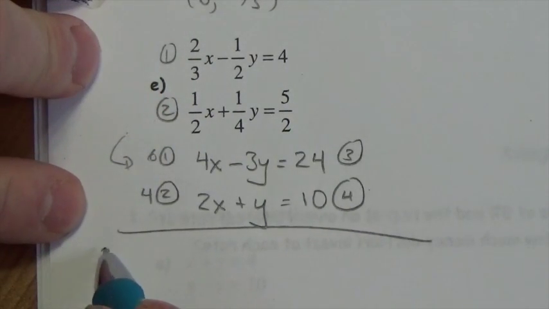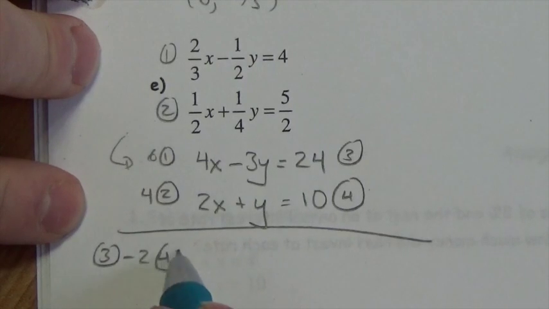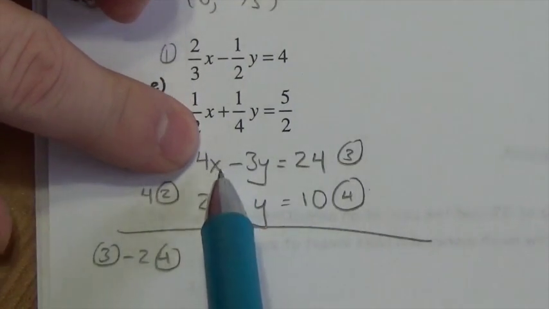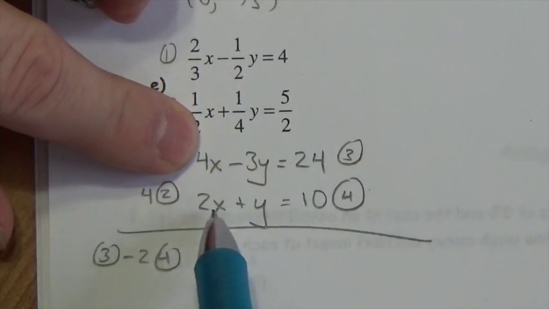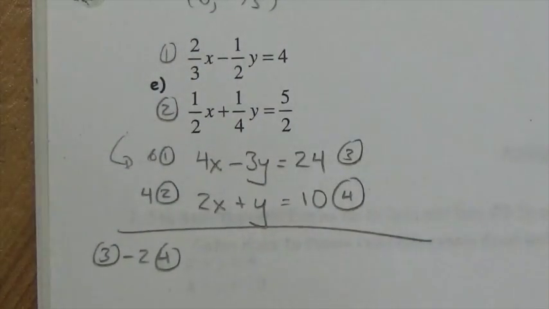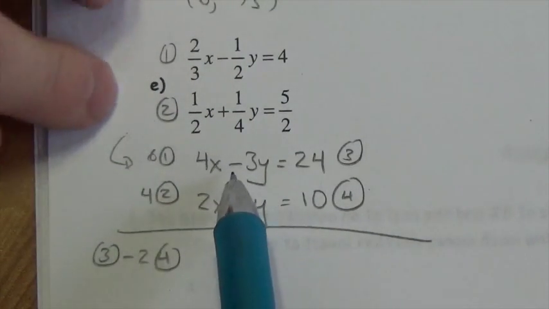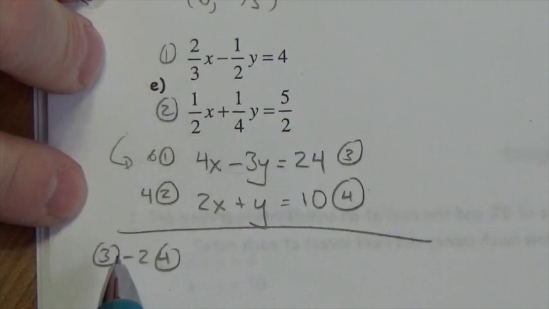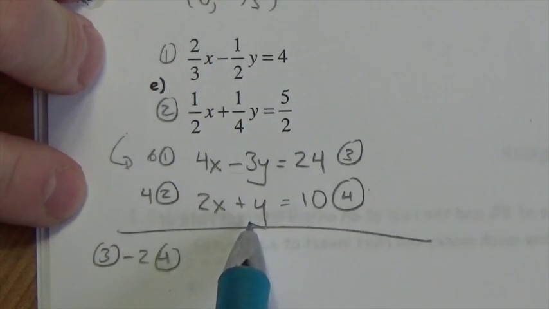So I'll make this equation 3 minus 2 times equation 4. So 4x minus 2 times 2x, those are going to cancel, and that's done on purpose. Here we go. Negative 3 minus 2, well, it's going to be negative 5y.